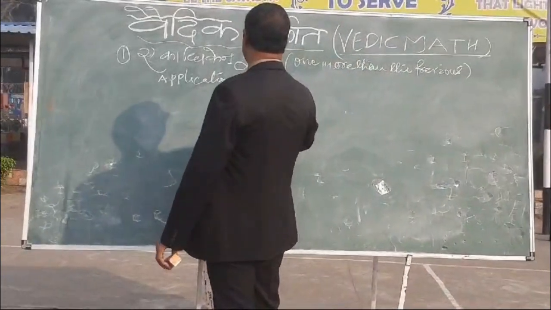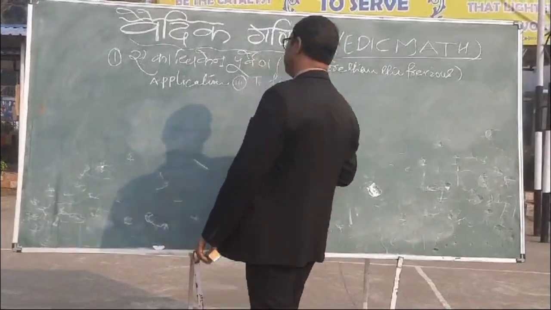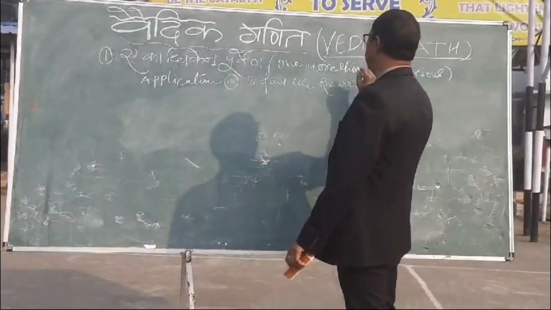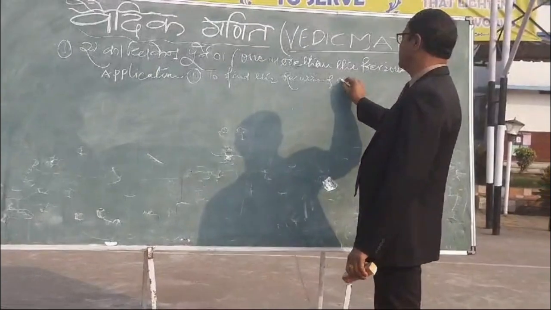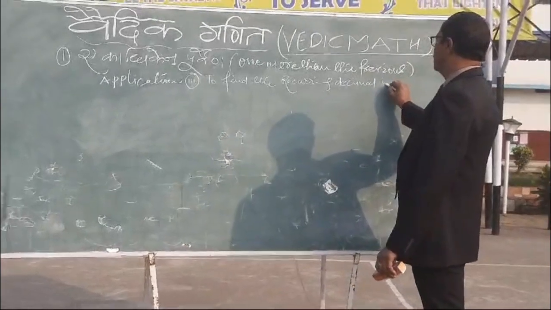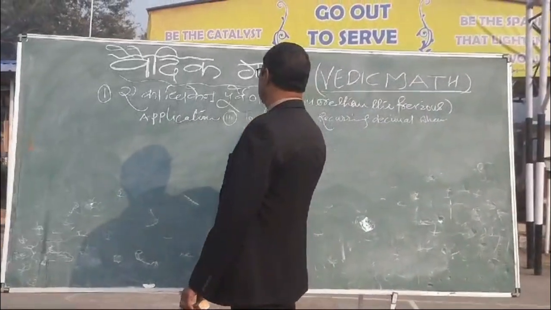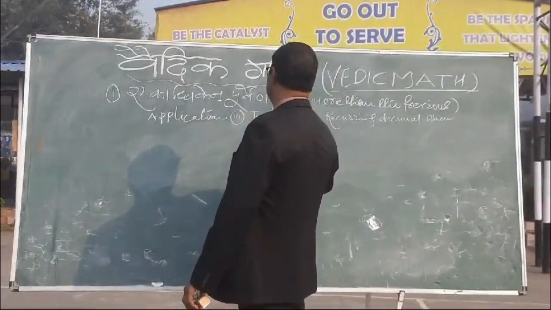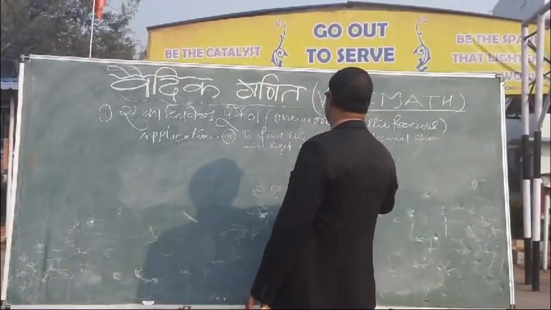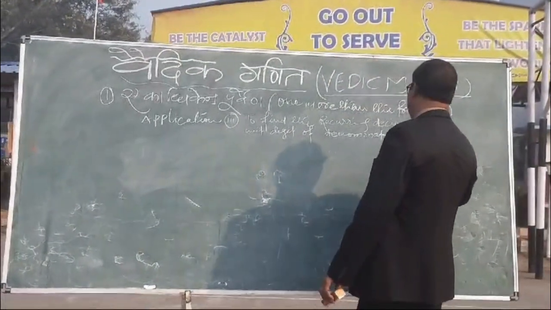To find the recurring decimals when the unit digit of the denominator is 9.